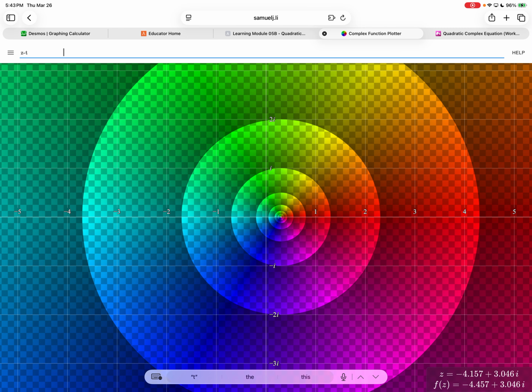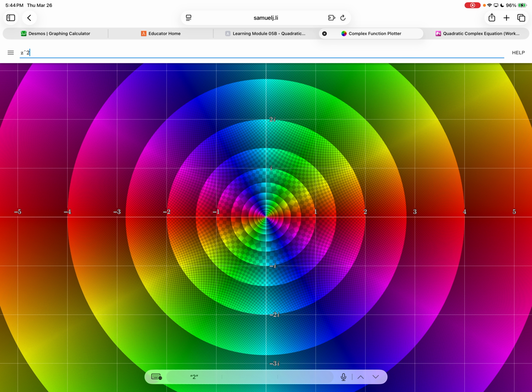When you only restrict your domain to real numbers, we like to call the input x. If there's only one variable. If there's more, you go x, y, z. But if you're only having one variable and you don't restrict to real numbers and you allow complex, we like to call the input z. So this is the function f of z equals z minus t, where t is anything.